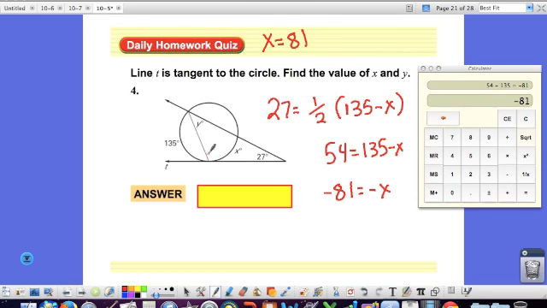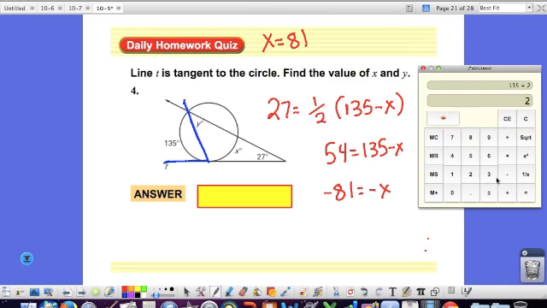Now they want me to find Y. I can see here that this is an inscribed angle that intercepts an arc that has a measure of 135 degrees.